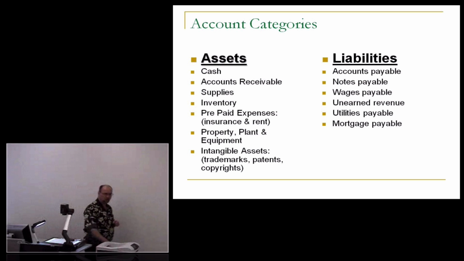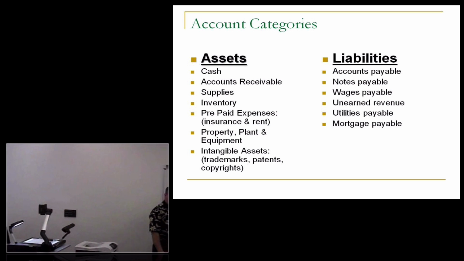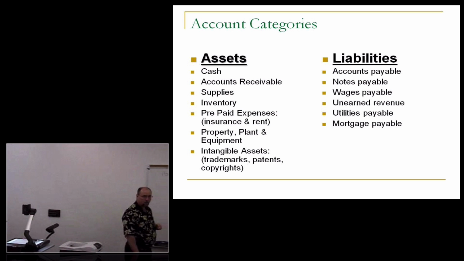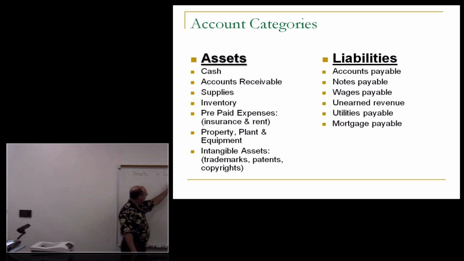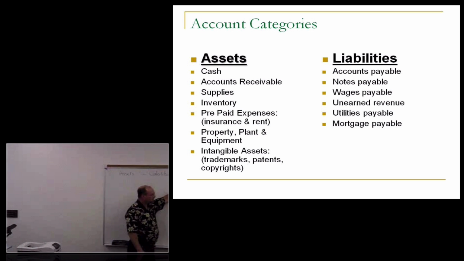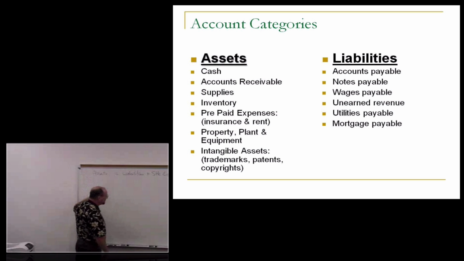Okay, now, I'm going to head over to the board here, and I may disappear, but I will reappear shortly. And we have on the board the accounting equation. The accounting equation tells us assets equals liabilities plus stockholders' equity. And I refer to this as the left side. Assets are on the left side.